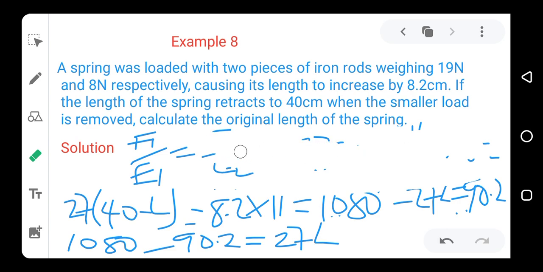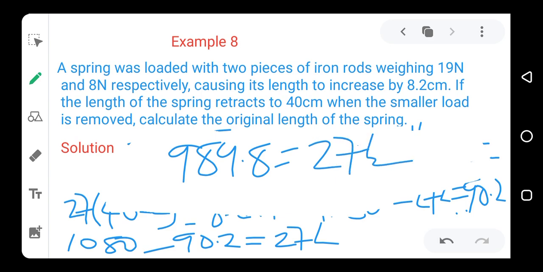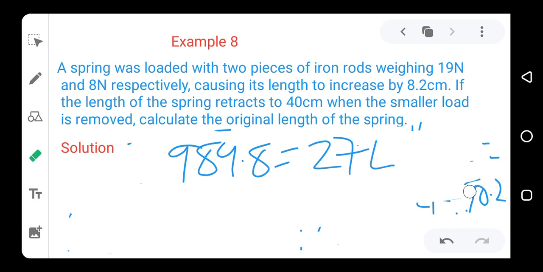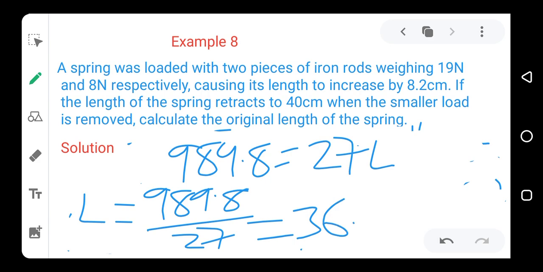With that, 1080 minus 90.2 gives us 989.8, which is equal to 27L, and then our L is equal to 989.8 over 27, and this gives us 36.7.